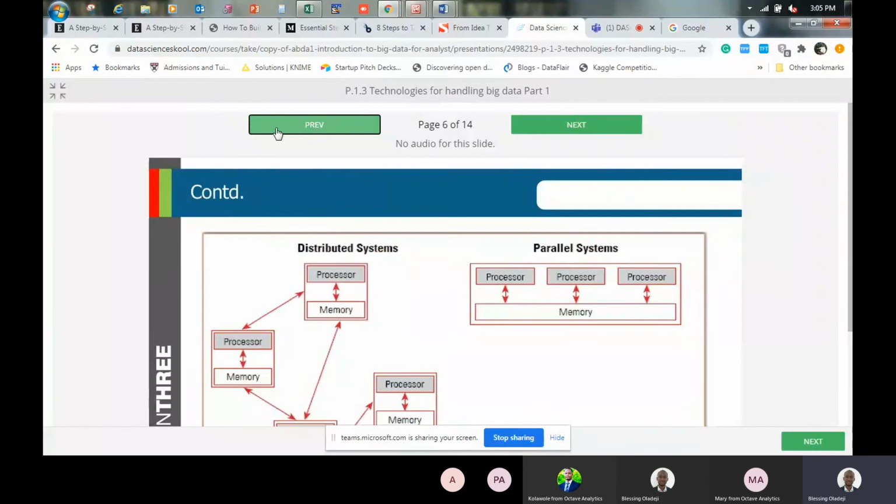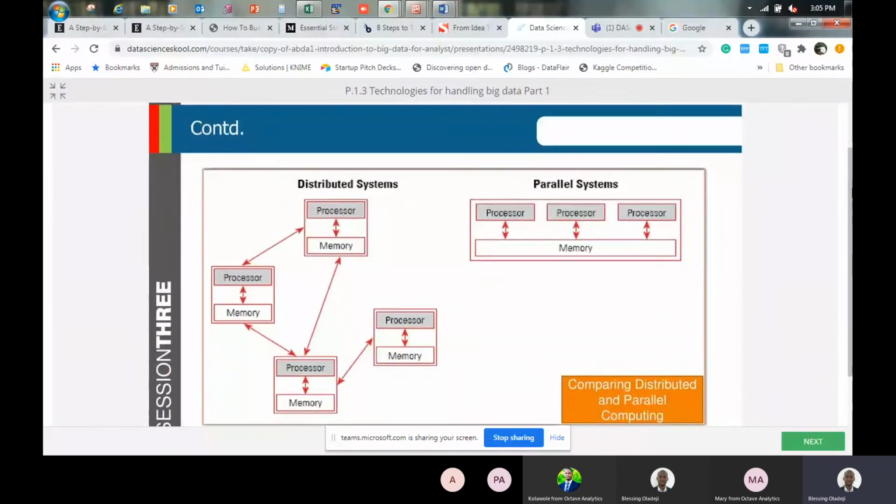In distributed computing, I can come and add another node, add another 4 nodes and take it from 4 nodes to 8 nodes. In parallel computing, I can add more processors to this system. In virtualization, I can add more virtual machines to the same physical environment.